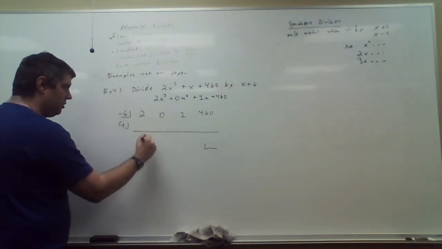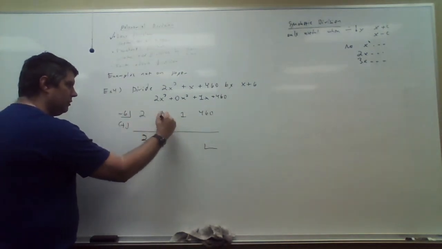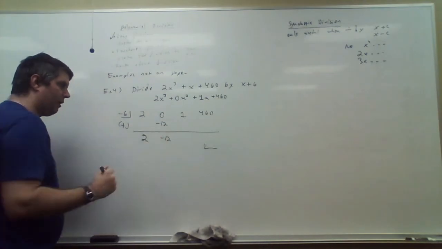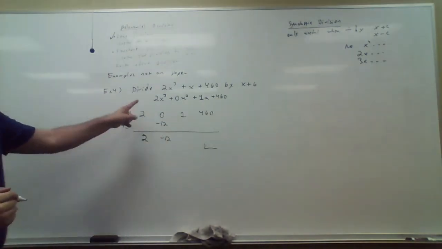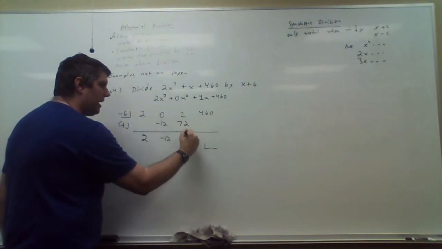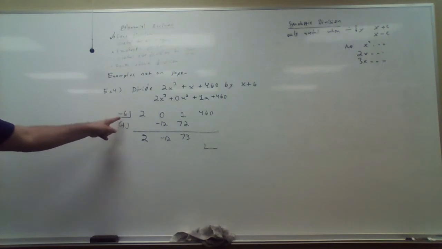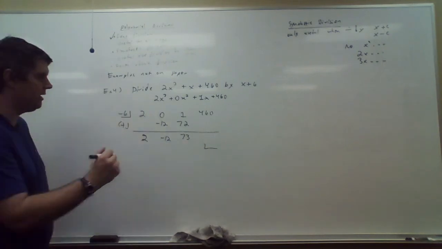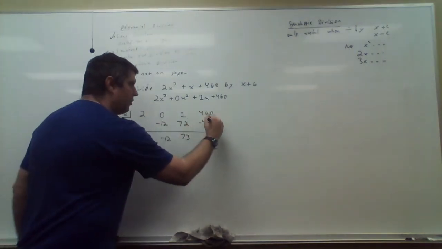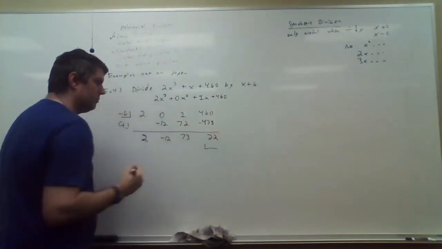Bring down the 2. 2 times negative 6 is negative 12. Add them up, you get negative 12. Negative 6 times negative 12 is positive 72. When you add them, you get 73. Okay? Negative 6 times 73 is negative 438. Okay? And that's 22.